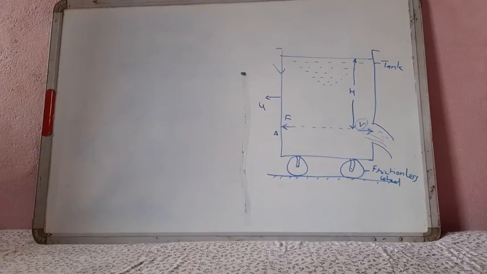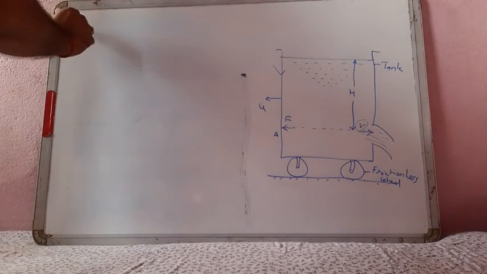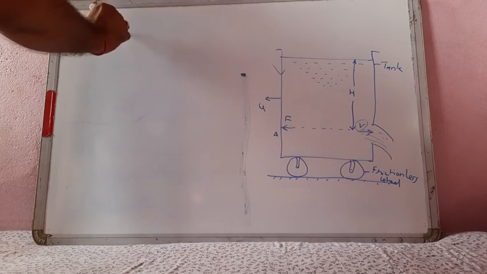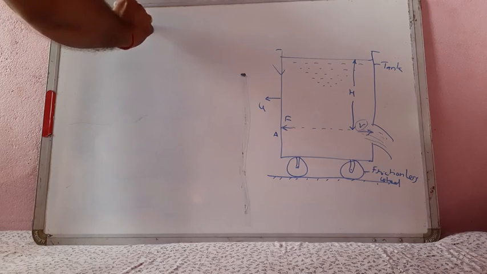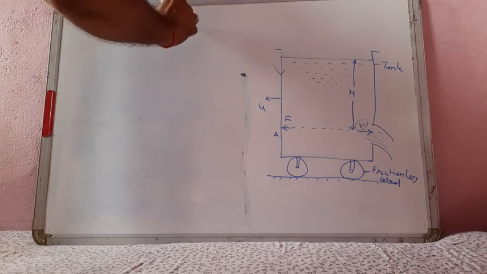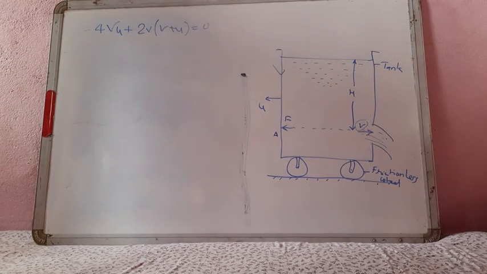Now, so this is minus 4vu plus 2v into (v plus u) is equal to 0.